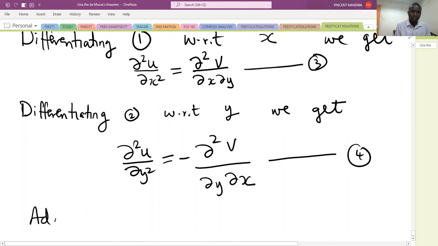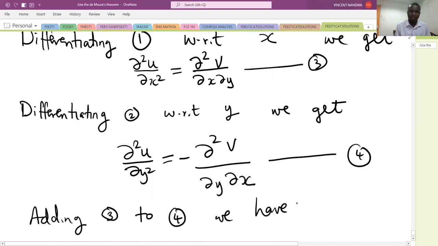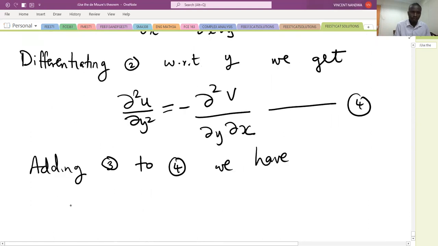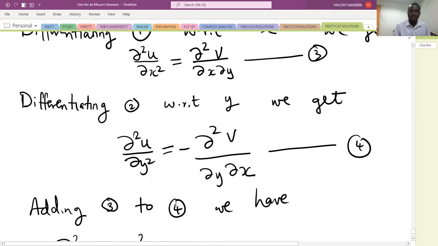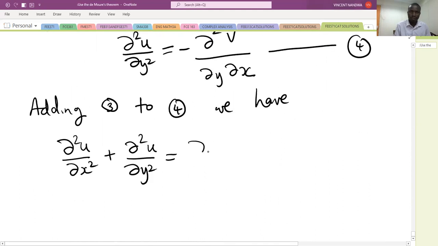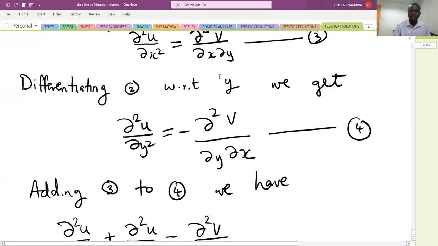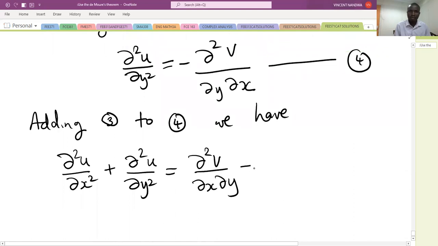So adding 3 to 4, we have partial squared u partial x squared plus partial squared u partial y squared equals partial squared v partial x partial y, that's what we have on the right hand side, and then minus partial squared v partial y partial x.